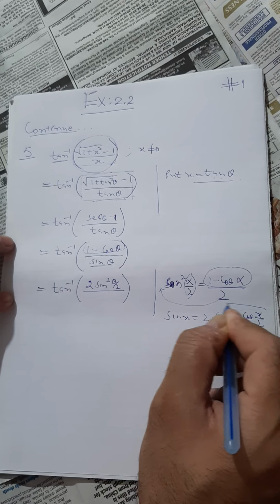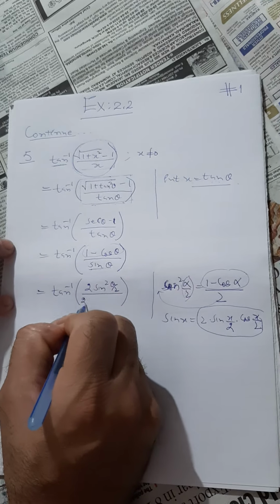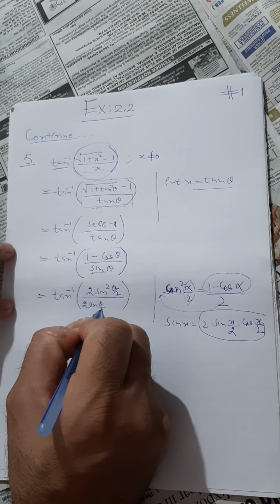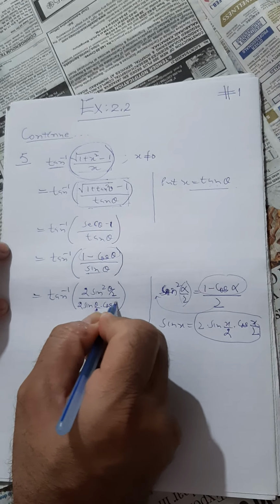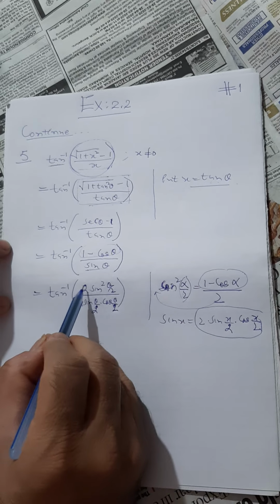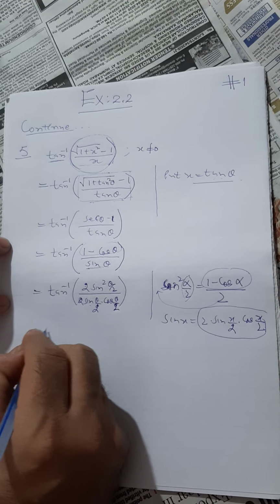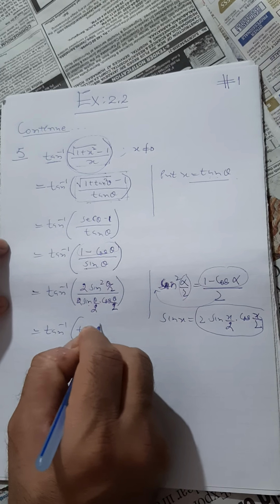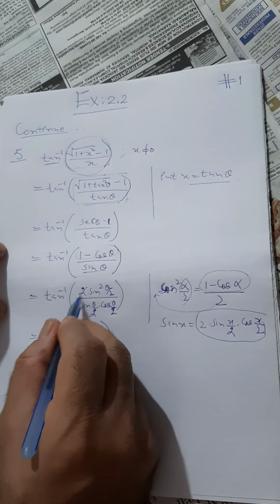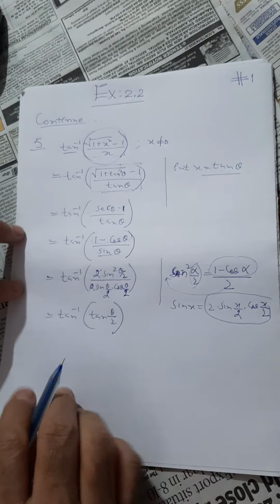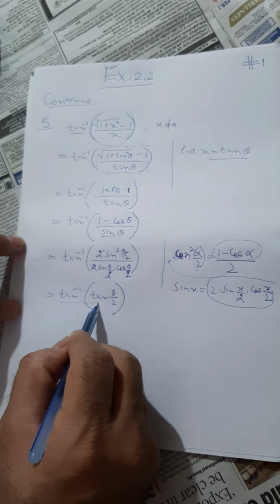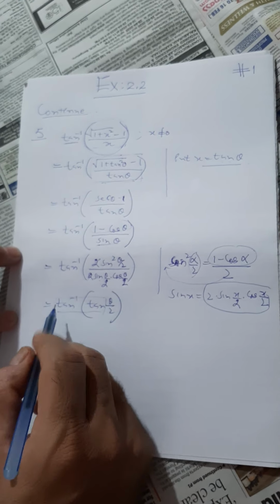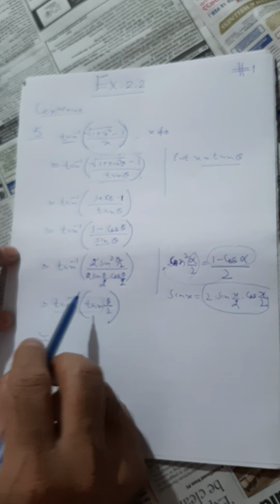This much also you know. So here I'll place this. So this is 2 sine theta by 2 into cosine theta by 2. So this 2 will get cancelled, one sine will get cancelled. So this is tan inverse just tan theta by 2. Now this will get cancelled, right?